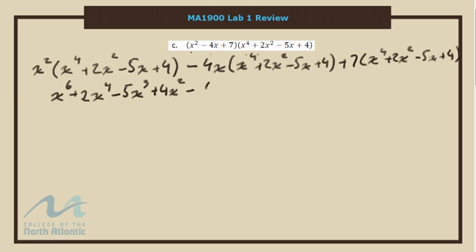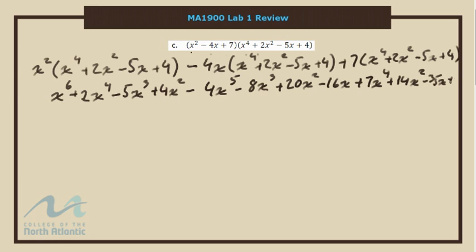Subtracted from that, 4x to the 5 minus 8x to the 3 plus 20x squared minus 16x. Just note in this particular one how that negative made all my signs flip-flop. That's going to be plus 7x to the 4 plus 14x squared minus 35x plus 28.